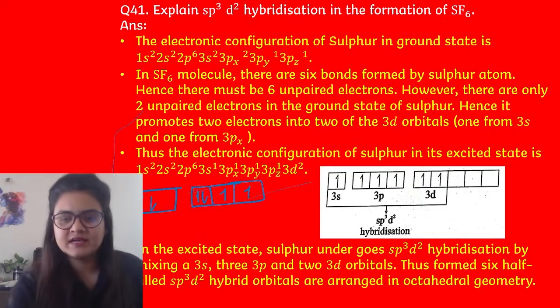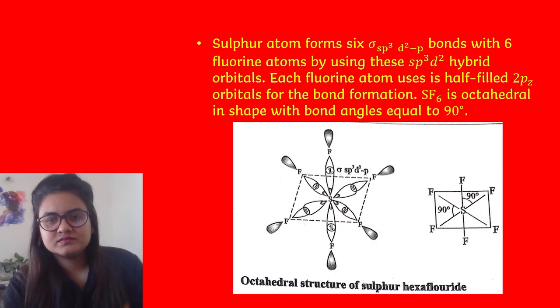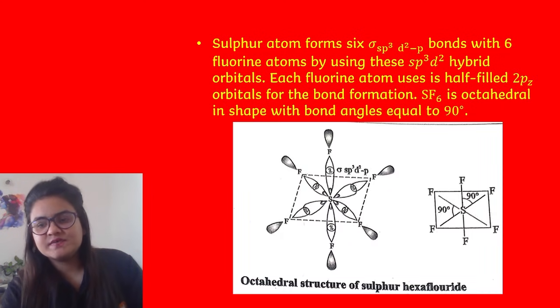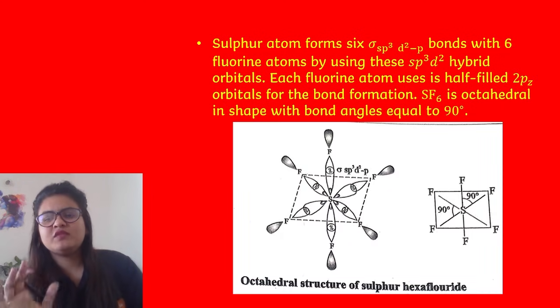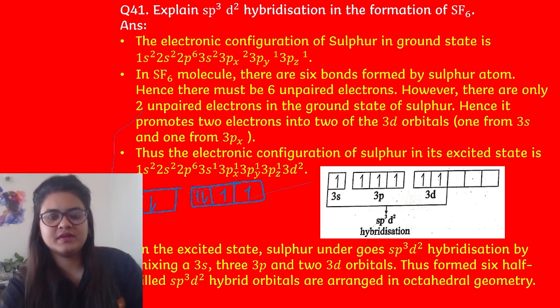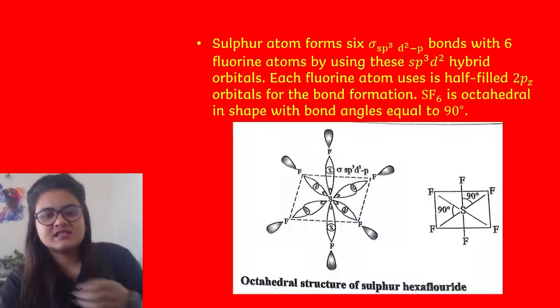I guess it's clear. This is how the sp3d2 looks. You don't have to be bothered about the structure, just remember how the hybridization forms. I guess it's clear to you.